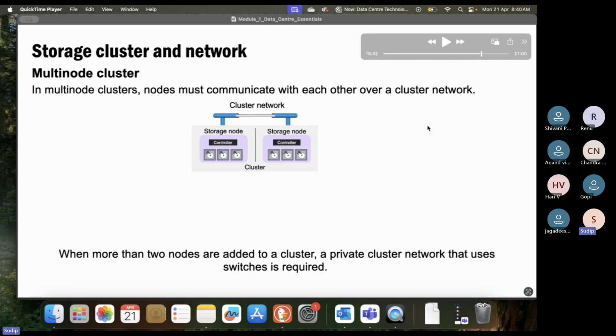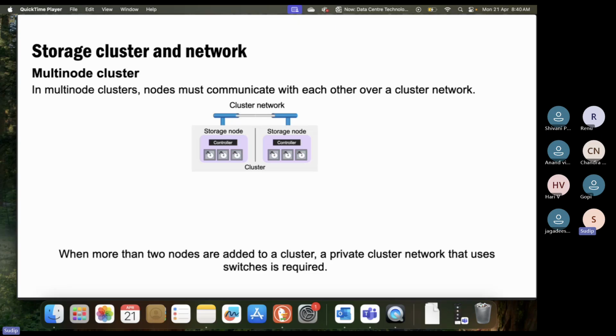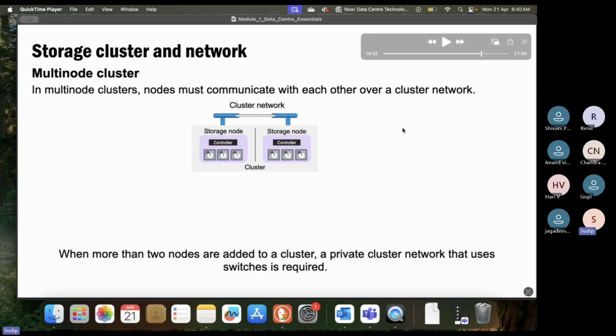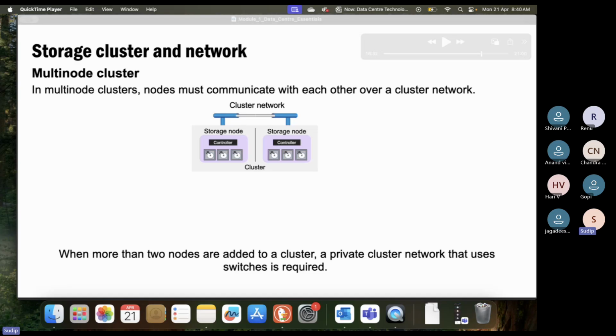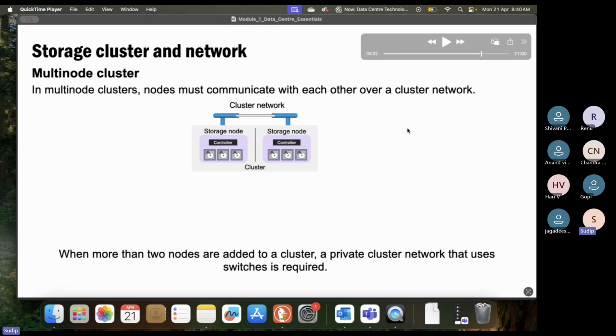This network will only be used to transfer data in a low latency, high speed fashion between controllers. That's the job of this network called the cluster network or backend network. There are multiple names given to it, but ultimately it's the same thing.